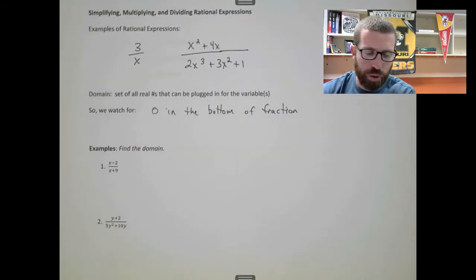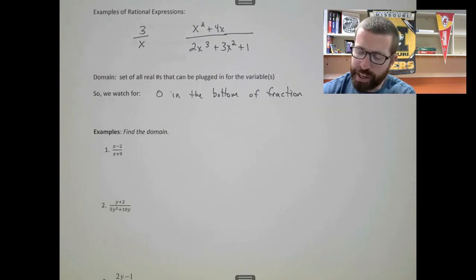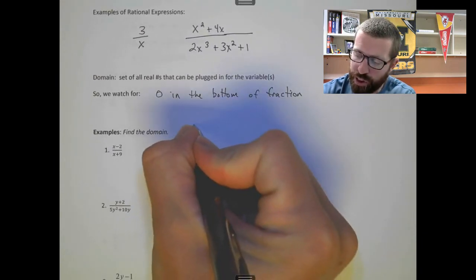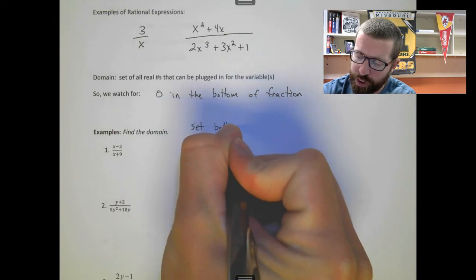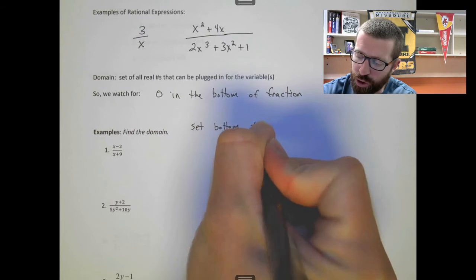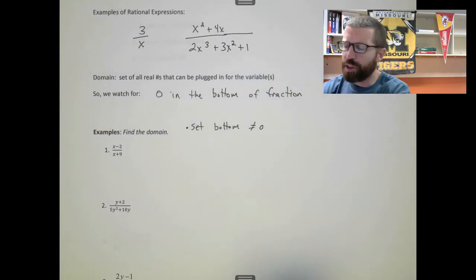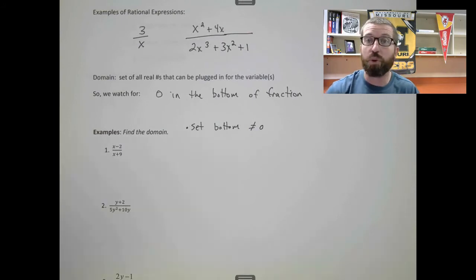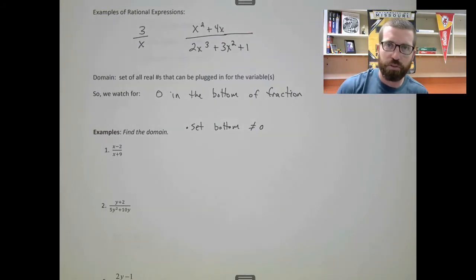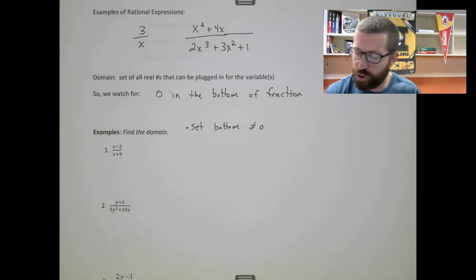So like in this first one, we want to find the domain. To do this, we're going to set the bottom not equal to 0. And that's sometimes weird to say. If you want to just think of, well, set it equal to 0 and the domain is not that number, that's fine too.